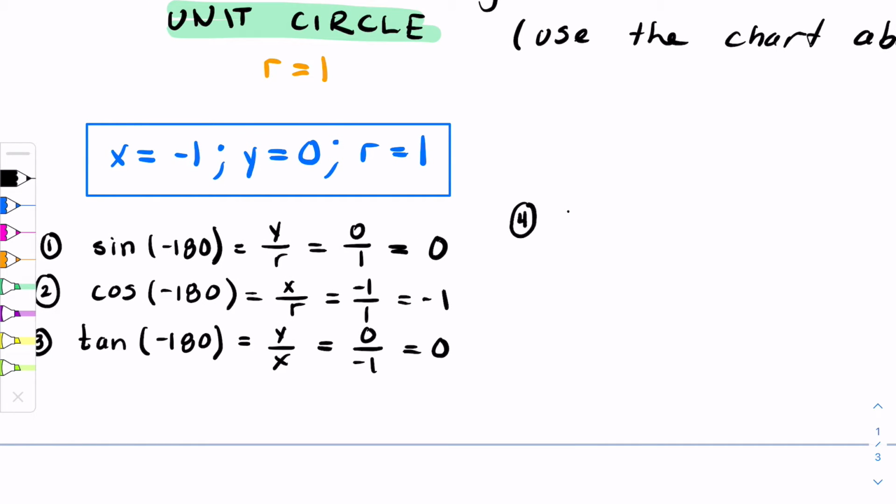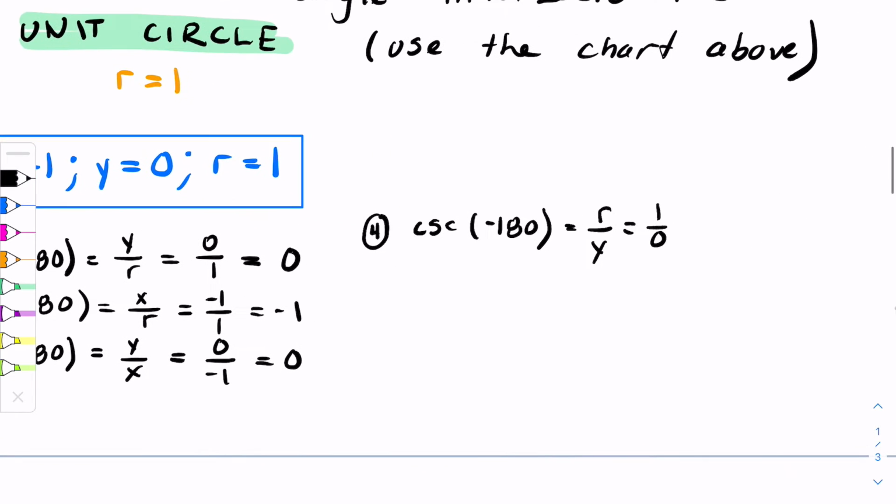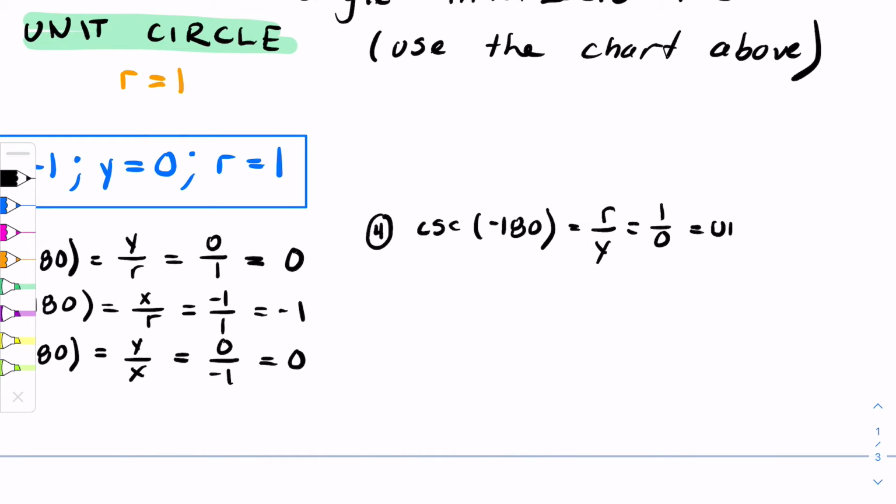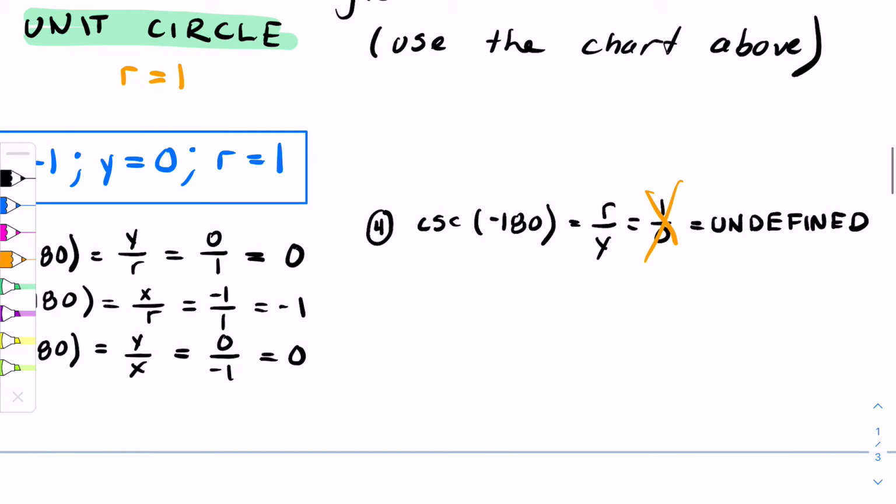The fourth trig function is your cosecant function. Cosecant of negative 180 is r over y, or 1 over 0. 1 over 0 is undefined. You can never have 0 as a denominator. The fifth trig value is secant.